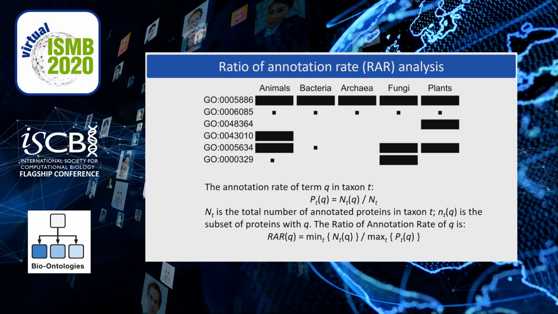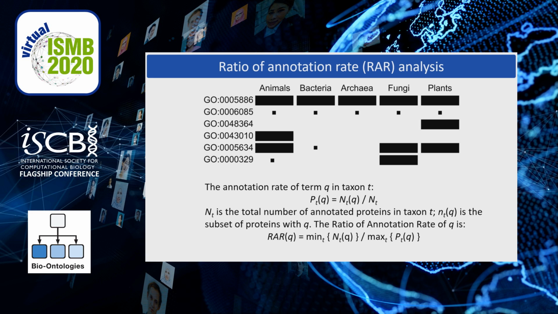The annotation rate in equation 1 is illustrated as the area of the rectangle. We then compare the annotation rate among two different taxa by dividing the smaller annotation rate by the bigger annotation rate to calculate a ratio of annotation as in the next equation.